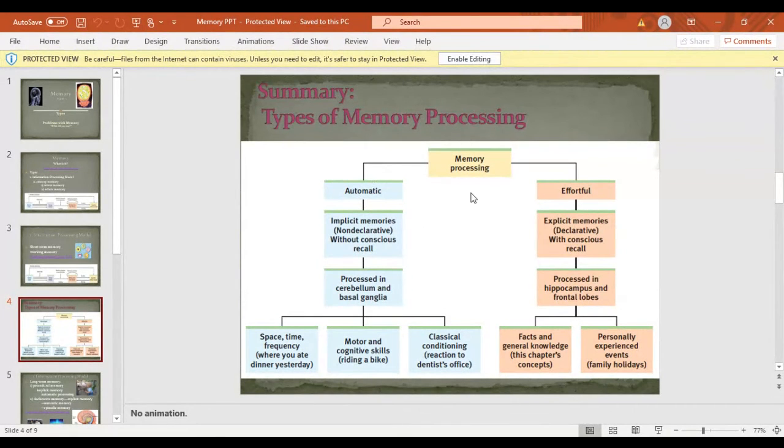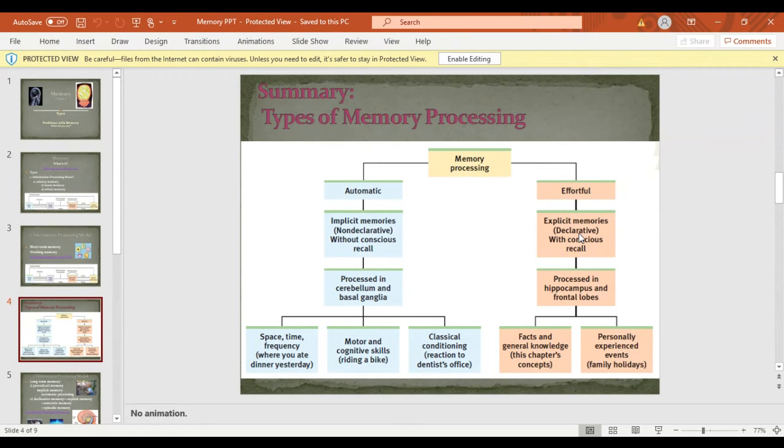So something that is more effortful, or things that require your conscious processing, are done in this area, such as personally experienced events like family holidays, and facts and general knowledge. So like personal thoughts, and also general knowledge.